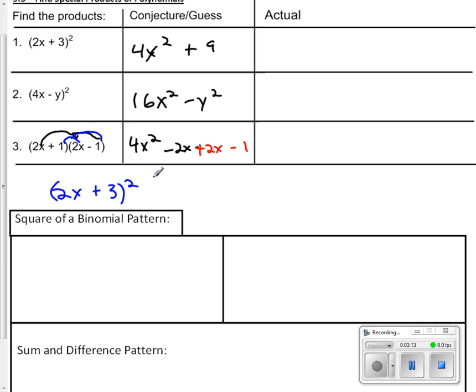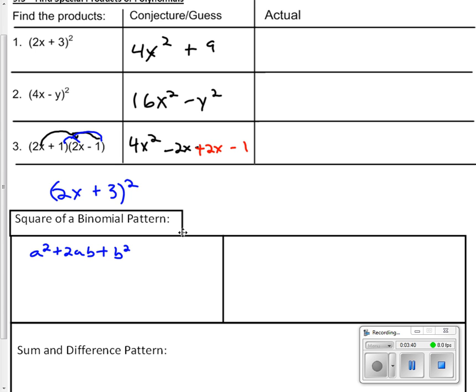Our binomial is held by addition. When we have addition between the terms, so we have a binomial with addition and it's squared, we need to use this equation: a squared plus 2 times a times b plus b squared.